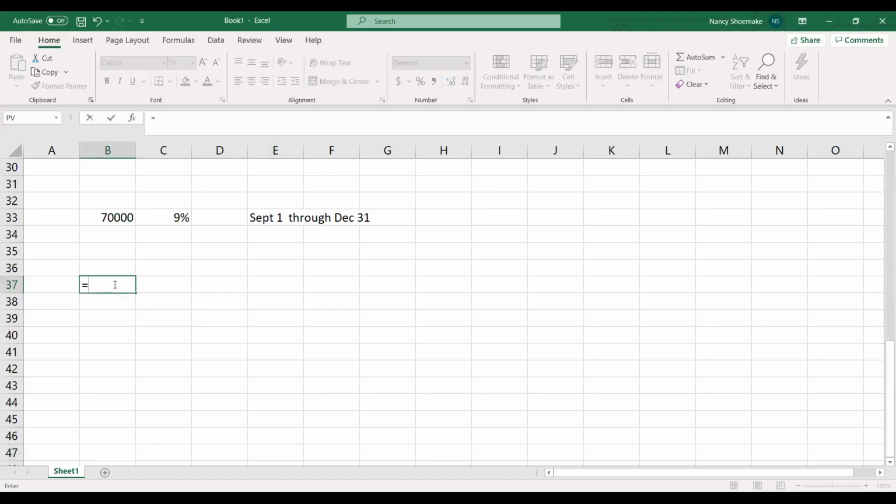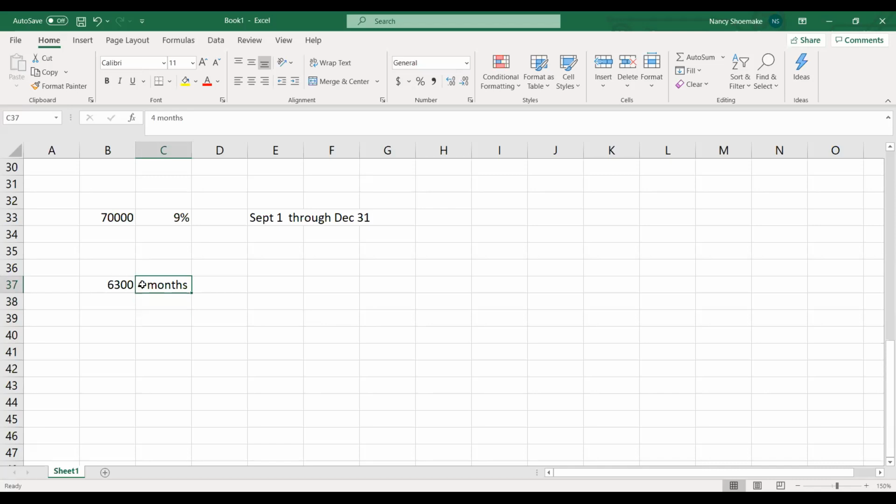Well, we're going to take our 70,000 times our 9%, which means interest for an entire 12 months would be $6,300. Okay? But we are only recording 4 months of interest, right? We only need 4 months.